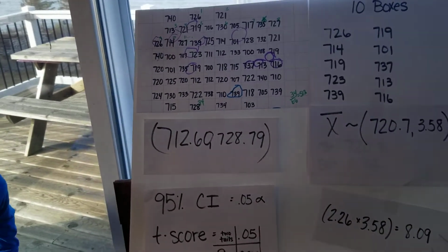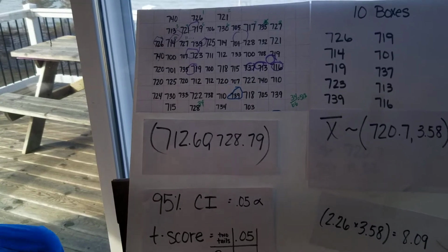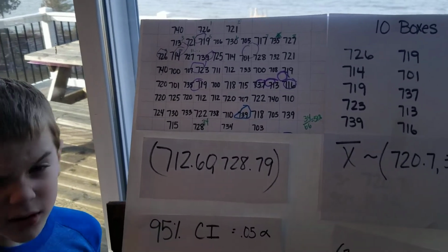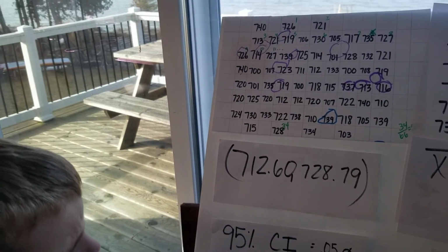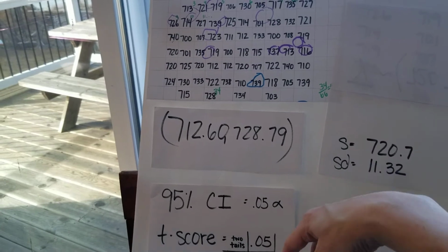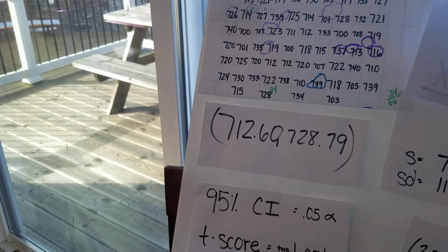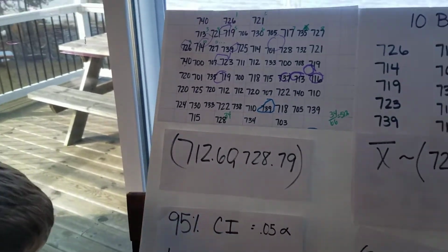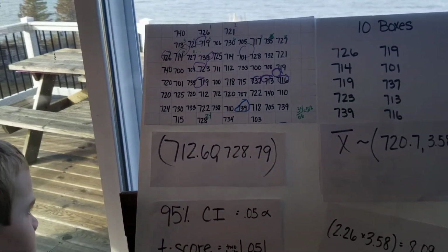We only got 34 numbers out of the 66 boxes because we used the standard error of the mean. If we had used the original standard deviation, the 11.32, and multiplied that by our t-value, probably almost 100% of our scores would have fallen in that. But we use the standard error of the mean.